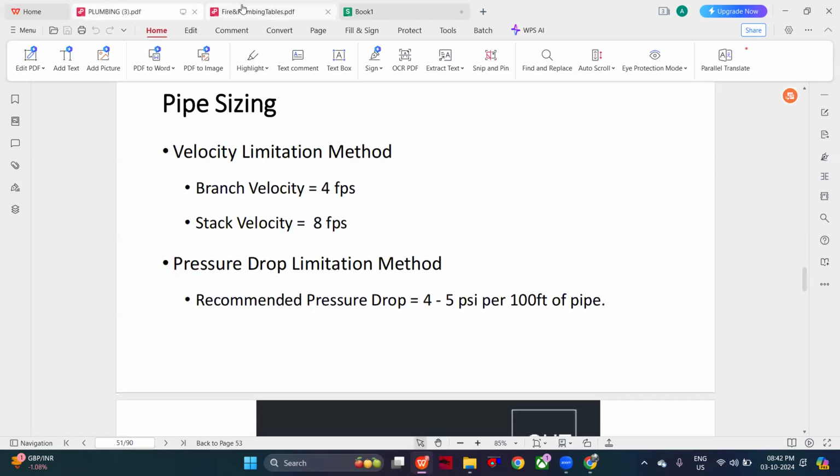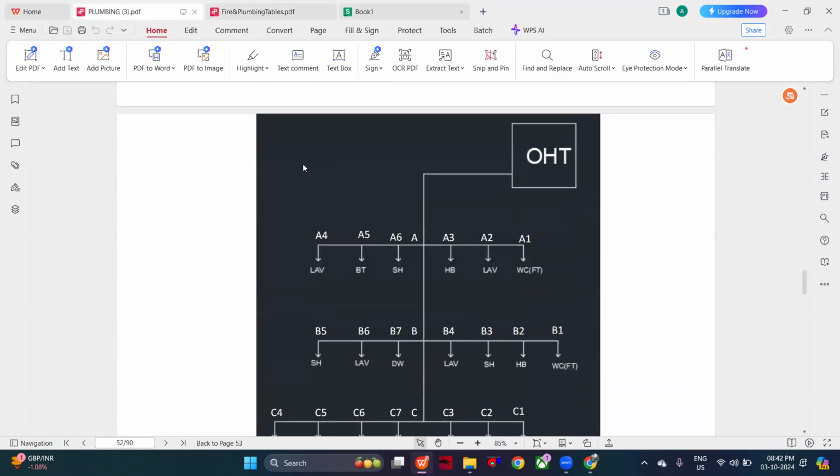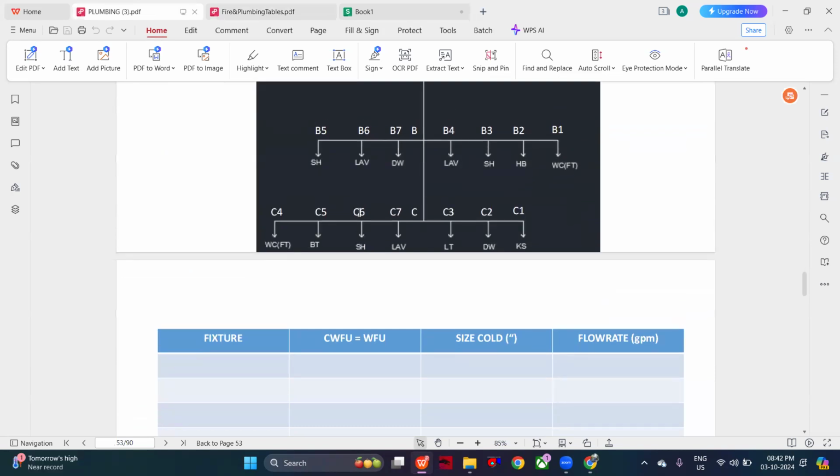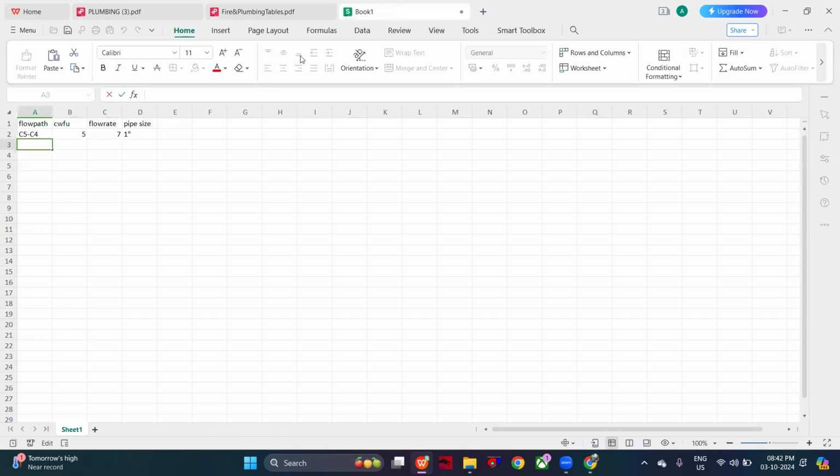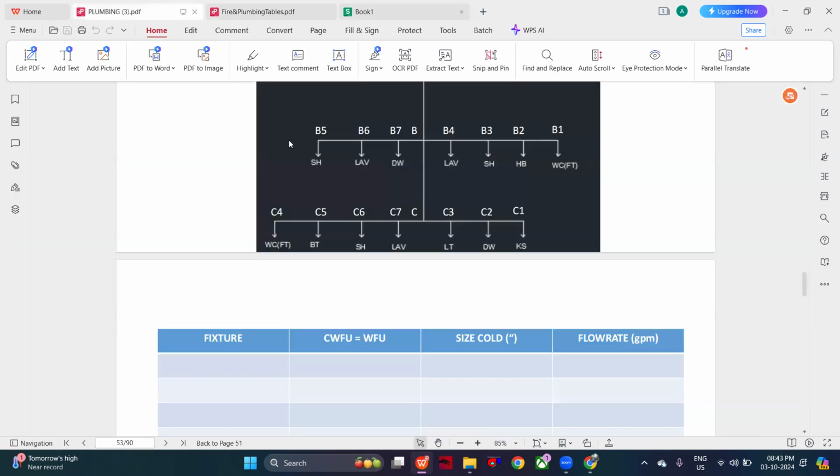Next flow path, C6 to C5. The CWFU for this pipe segment is carrying water for the bathtub and the water closet. So you have to add these two fixture units.